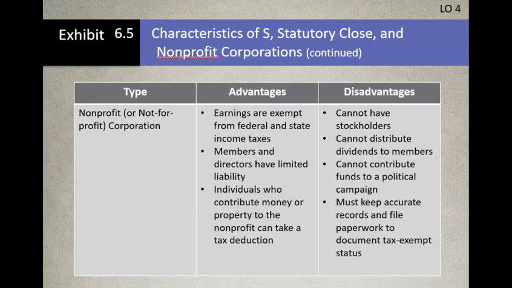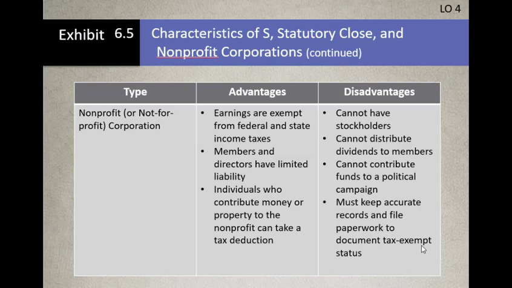One other one we haven't really talked about is nonprofit. In the PowerPoint, there's a couple of different things when we talk about S corporations, as well as nonprofit. The advantages of a nonprofit or not-for-profit corporation is earnings are exempt from federal and state income tax.